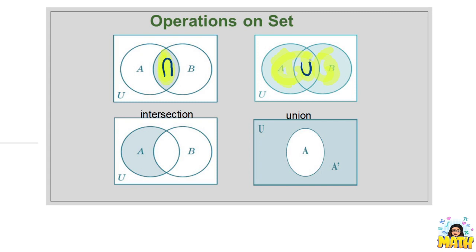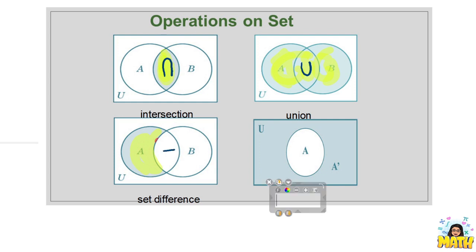Next, the third one, ang naka-shade lamang is itong parteng ito. That means, ano yung natira sa unang set na nawala, na tinanggal mo because it has common elements with set B. So that pertains to the set difference. So the symbol for this is simply the minus sign.